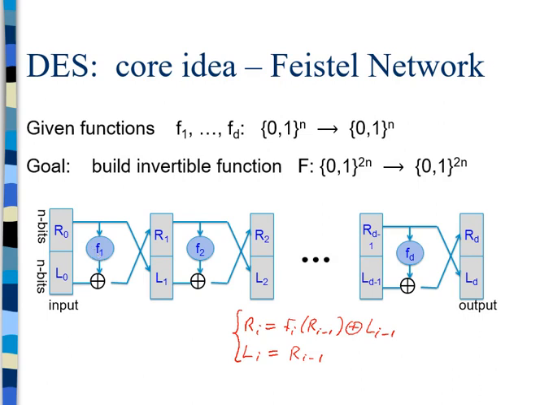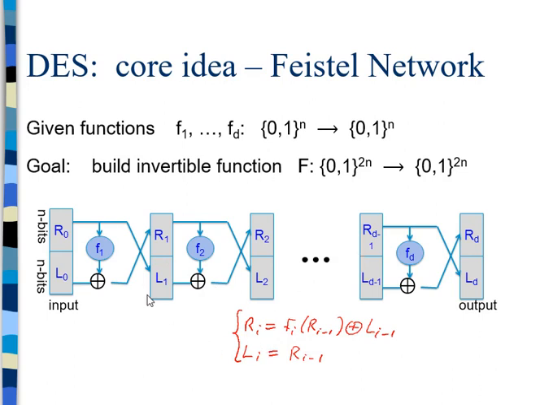As you can see here, we map the right block into the left block, and the left block goes through a function f, XOR by a key, and is put in R1, as we can see here.